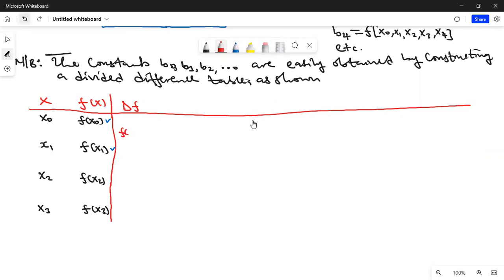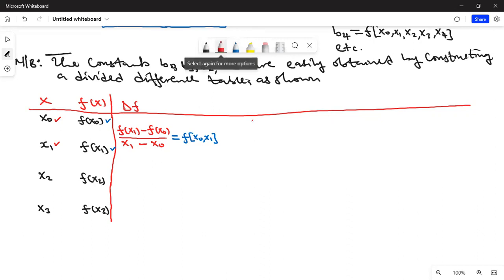I'll write it because I'm going to divide: f of x1 minus f of x naught, and then you must divide by x1 minus x naught, their corresponding x values. And my question is, how can this be written? This is the same as f of x naught, x1, which we said is the same as b1. I'm going to tell you that later.